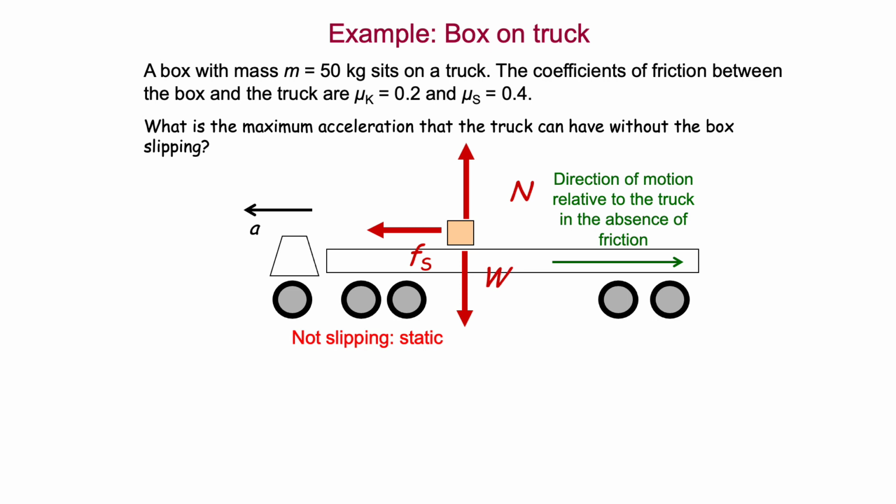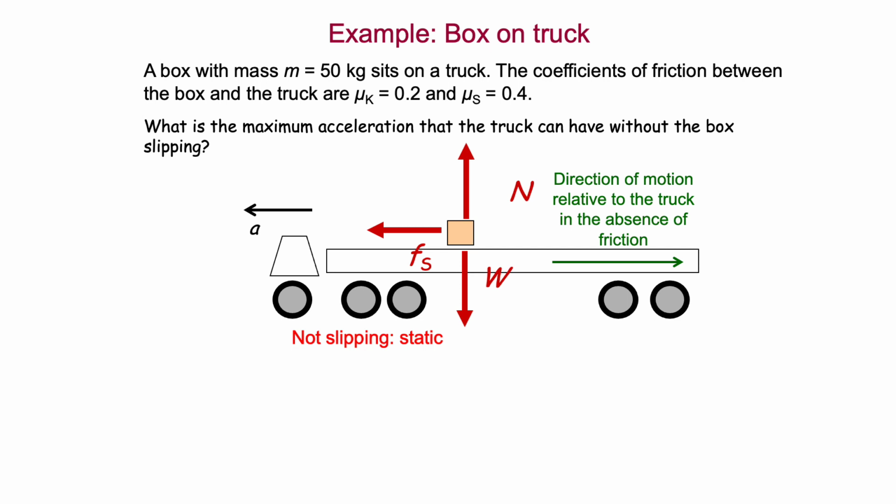We have the normal force and the weight in equal and opposite directions. And those always have to balance, because if the box is sitting on the bed of the truck, then obviously there's no acceleration in the y direction. In the x direction, the static friction is what's going to hold the box on as the truck moves forward with an acceleration a.